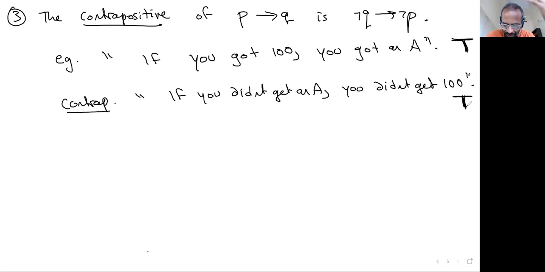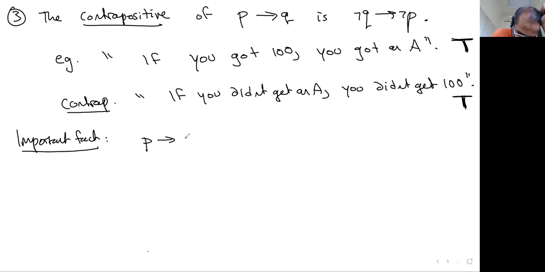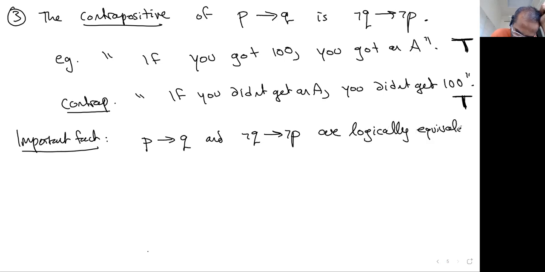So how do we really know this? Let's check this by showing that these two things have the same truth table. Here's an important fact: P implies Q and not Q implies not P are logically equivalent. What that means is they have the same truth table regardless of what the truth values of P and Q are.